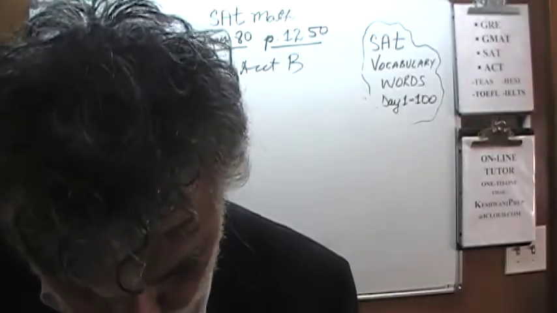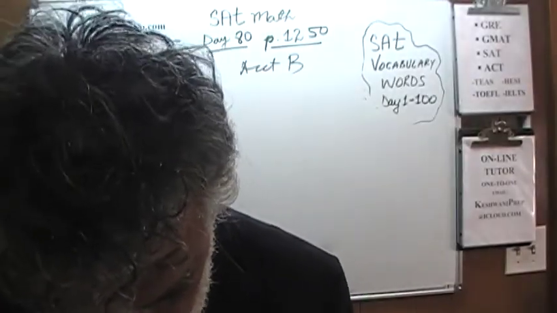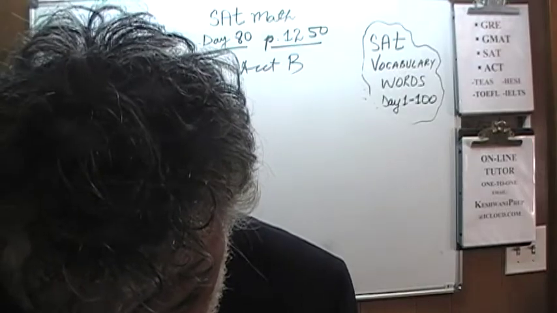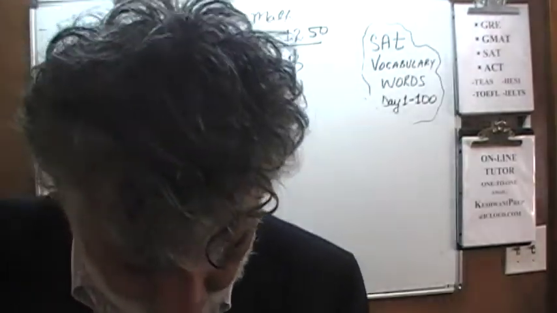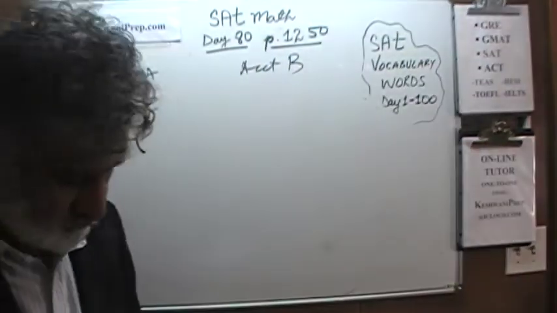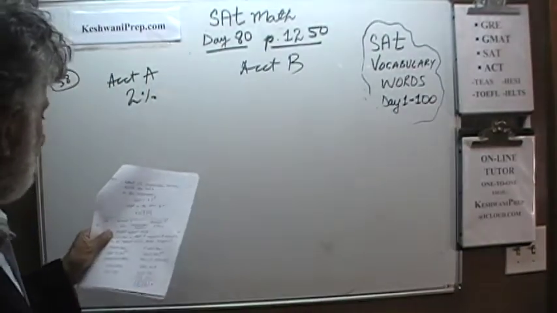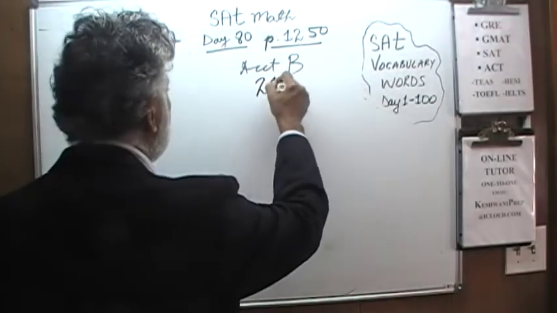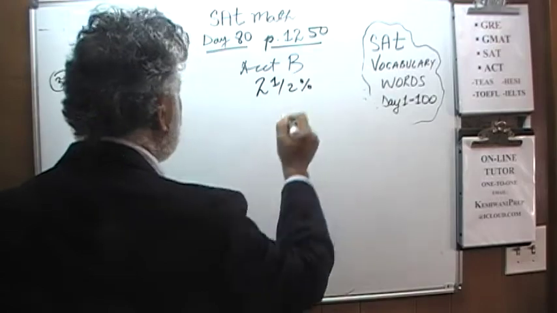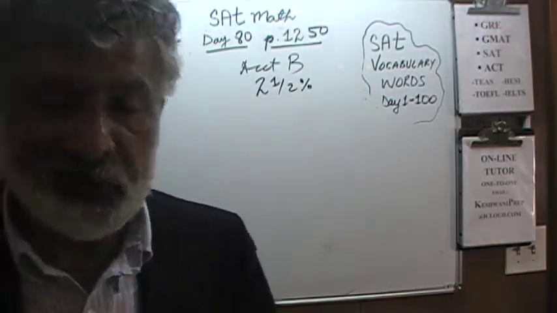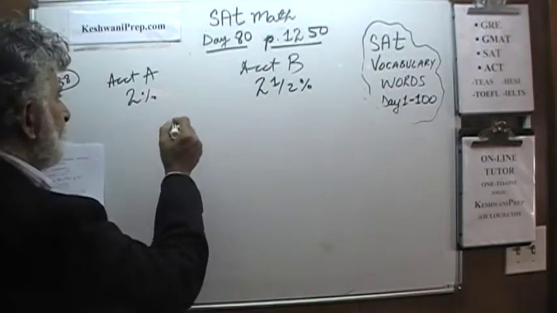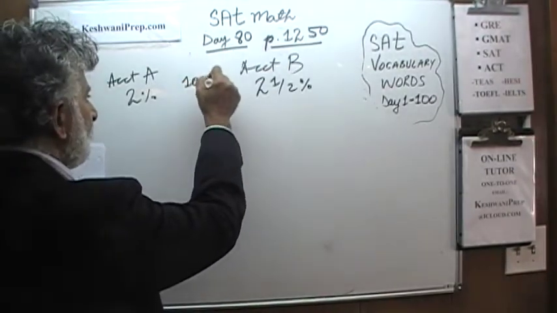I was going to use J and T because those are the names here. I don't know how to pronounce that name, but anyway, A and B. Account B pays us 2.5% interest, again compounded annually. And again, we're going to deposit $100 initially. The initial deposit is $100 in both accounts.